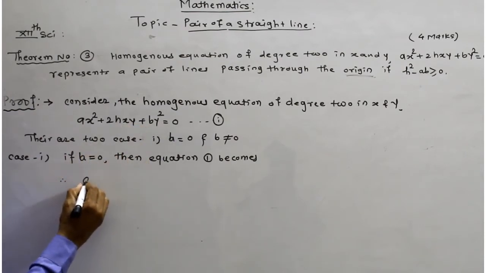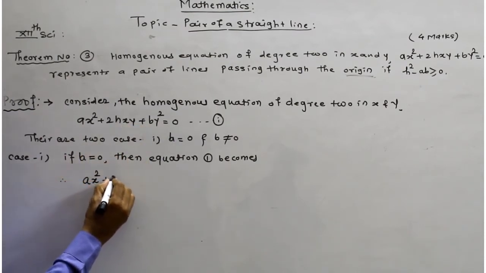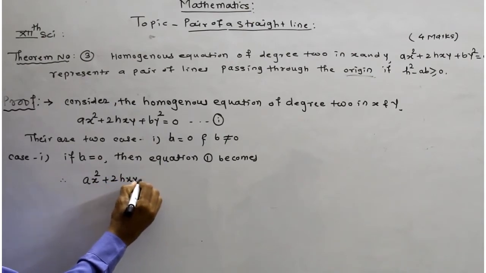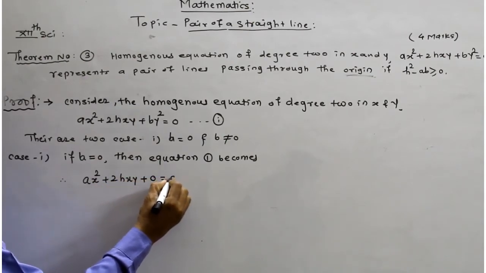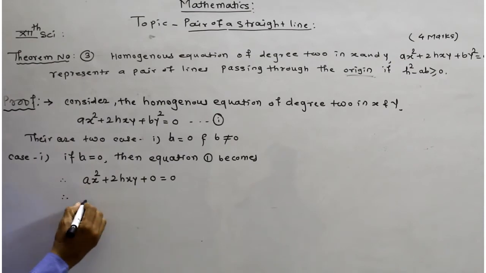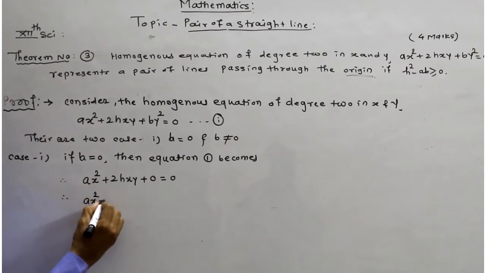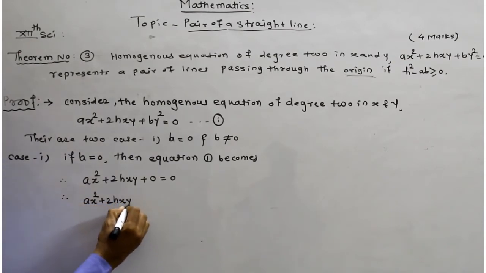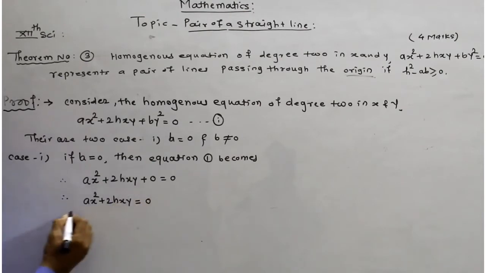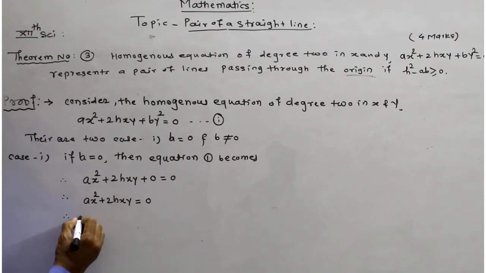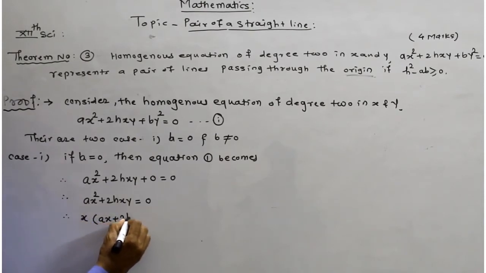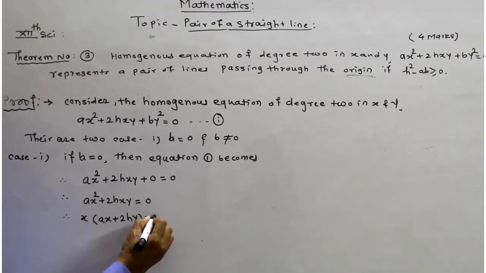So we get ax square plus 2 times hxy plus 0 is equal to 0 here. So therefore ax square plus 2 times hxy is equal to 0. So therefore take x common, x in bracket ax plus 2 times hy is equal to 0.